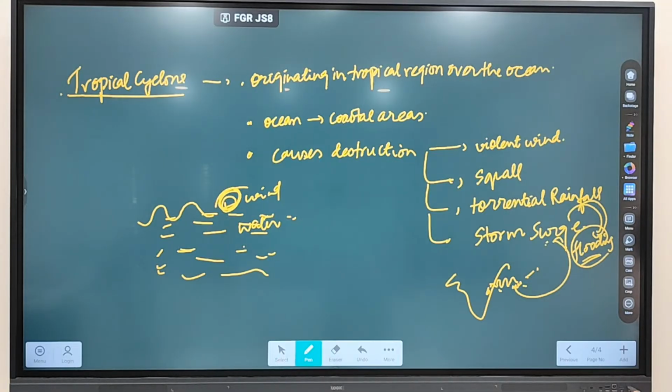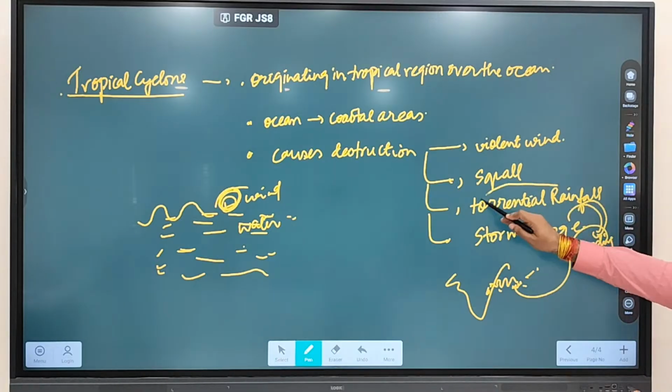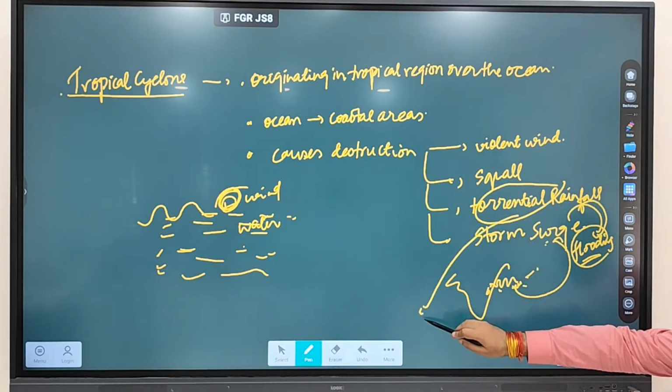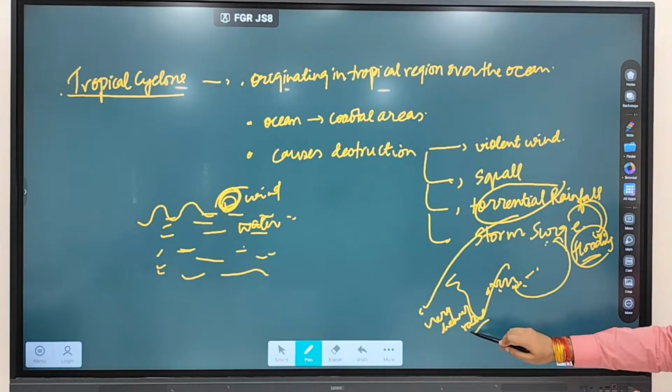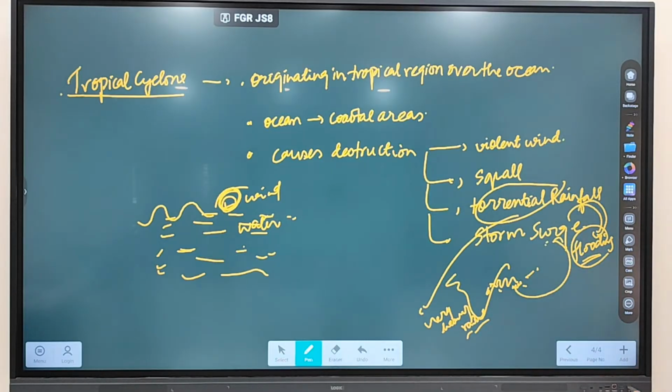Second is torrential rainfall. What do you understand by the term torrential rainfall? Very heavy rainfall. Clear? And what is a squall? It is also a violent wind.